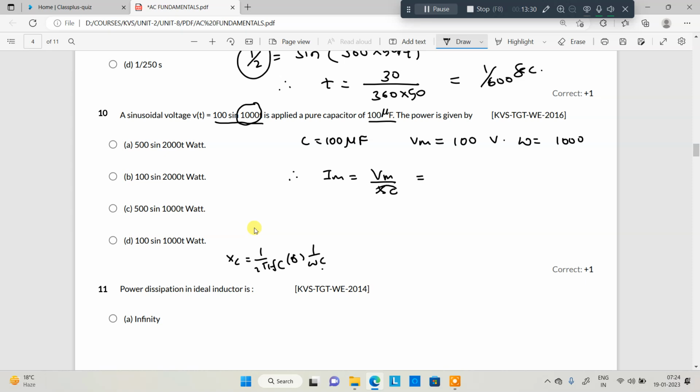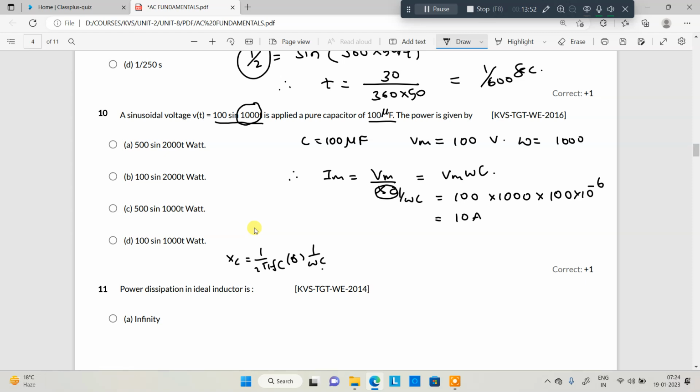So Im is nothing but Vm omega C. All of you got my point? So Vm is 100, omega is equal to 1000, and the capacitor is equal to 10 power minus 6. From that, I got the value of the maximum current as 10 amperes.